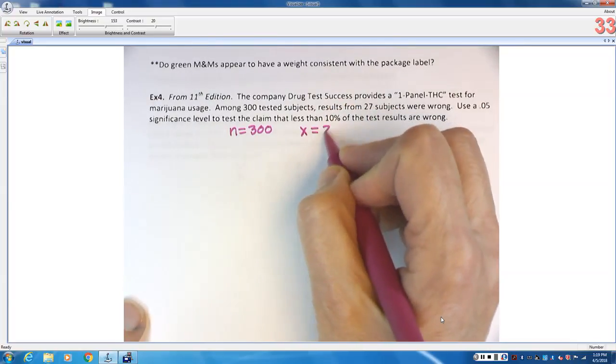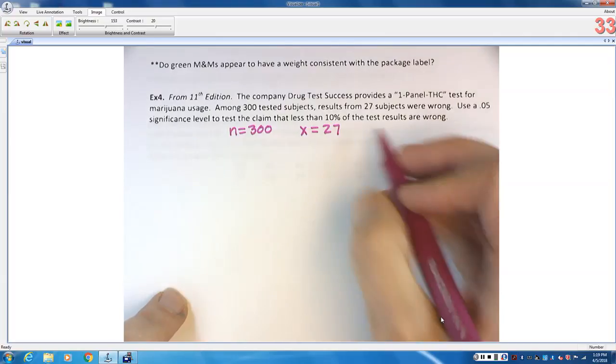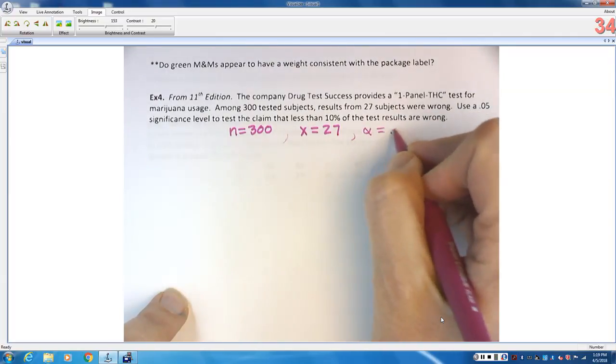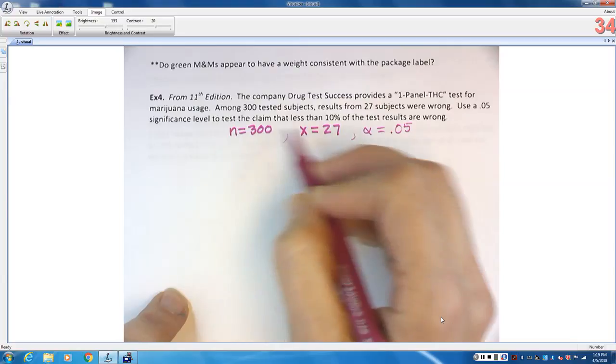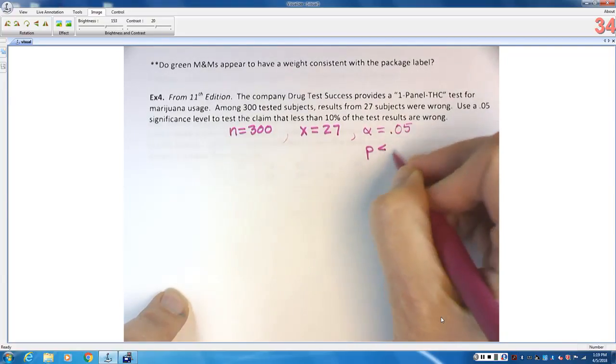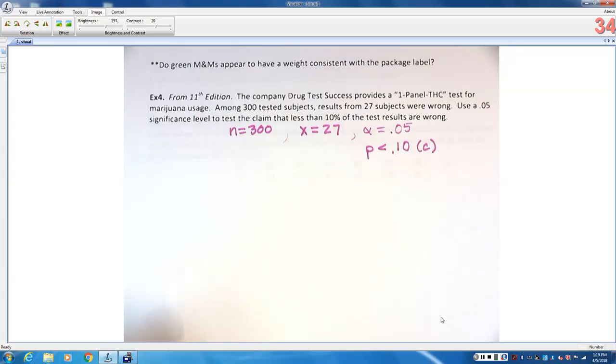X is 27, the successes, whatever they're asking about. Use a .05 significance level. Alpha is .05. To test the claim that p less than .10 is the claim. Less than 10% of the results are wrong.